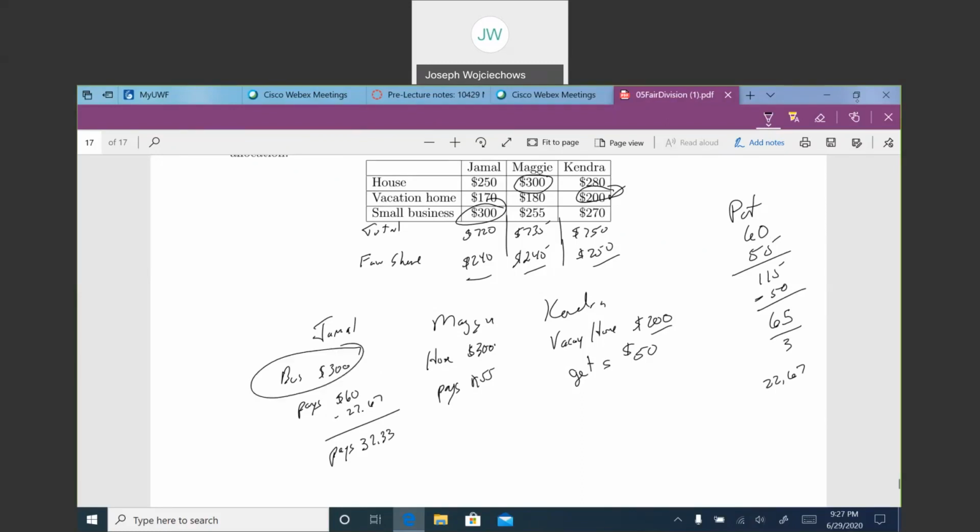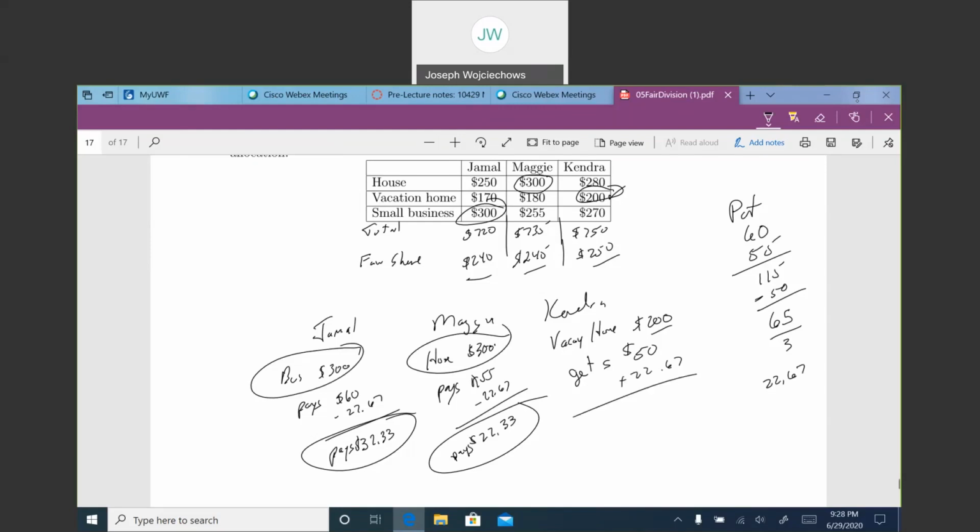So this and this pays. Then if I subtract my 22.67 here, I get 22.33, and that's paid in as well. So they receive the house and pay in 22.33. Here we get plus 22.67, so 72.67 thousand and the vacation home.